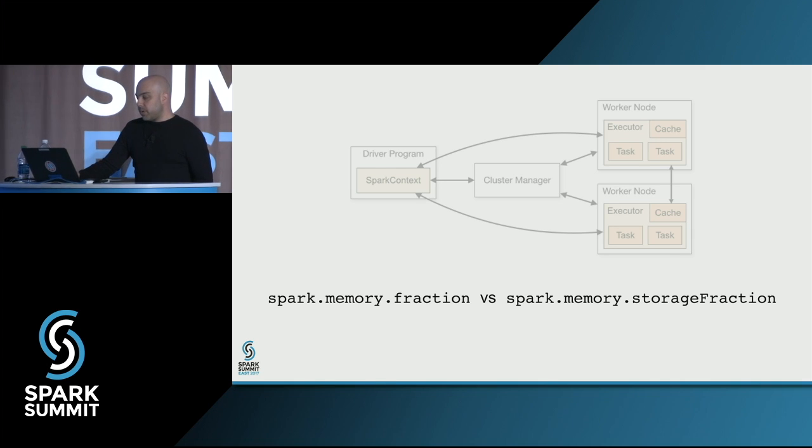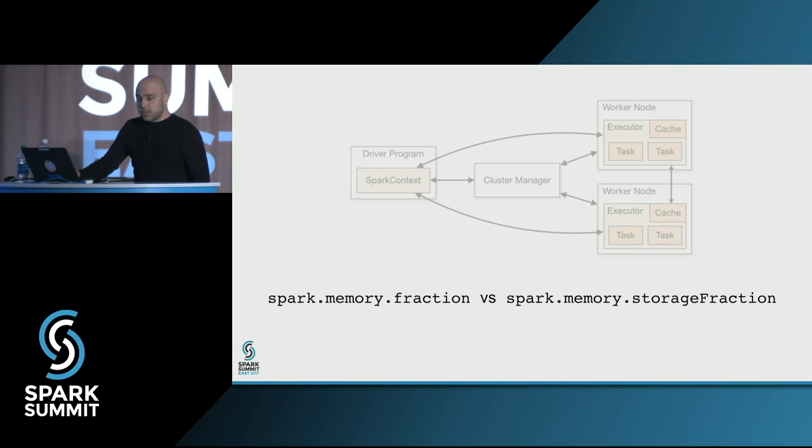Within that part, you can always reserve some portion only for your storage, so your storage memory is not given to the execution part. The execution and storage part is defined by the spark.memory.fraction parameter, and the part reserved for your storage can be defined within that memory area with spark.memory.storageFraction.